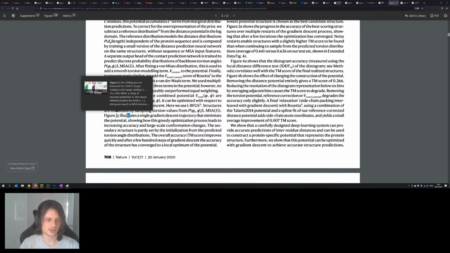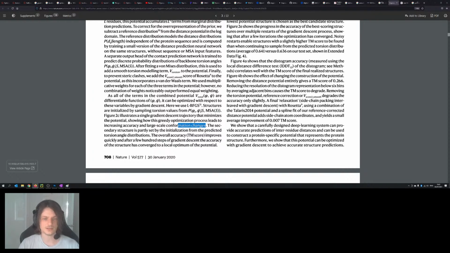Figure 2c illustrates a single gradient descent trajectory that minimizes the potential, showing how this greedy optimization process leads to increasing accuracy and large-scale conformation changes. Greedy, does that mean more parameters or fewer?